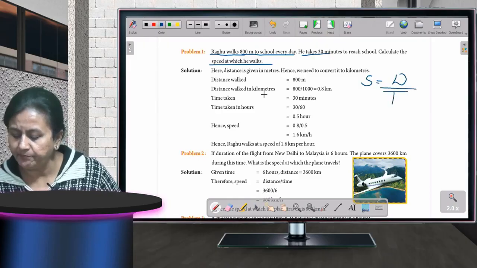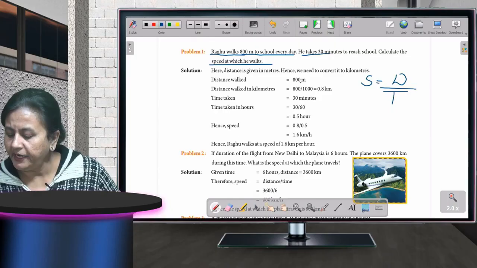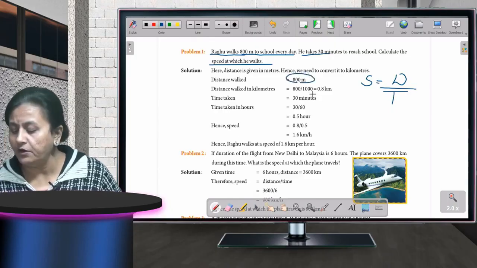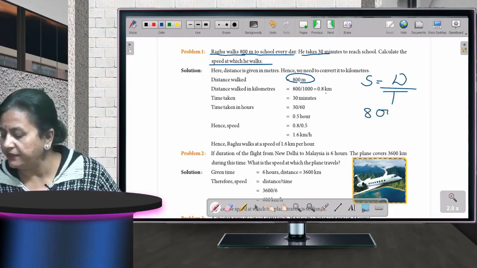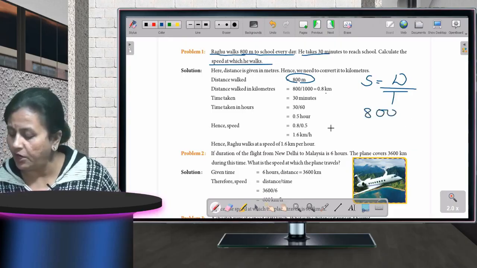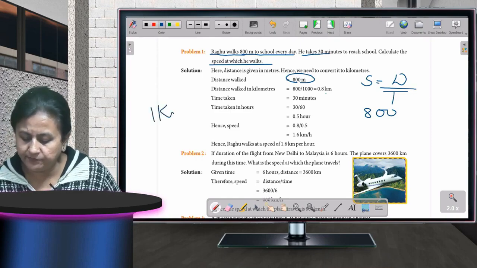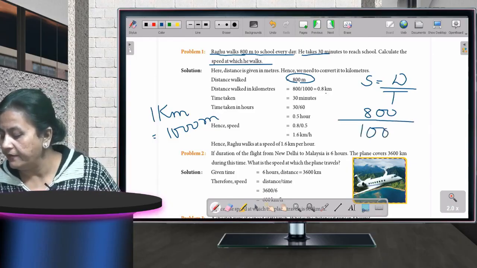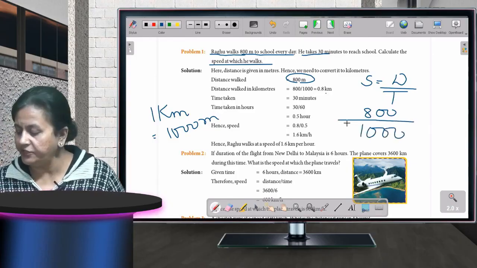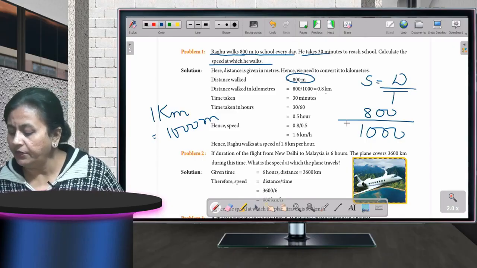Because he has walked 800 meters, you first have to convert it into kilometers. 1 kilometer is equal to 1000 meters, children. So we will divide it by 1000. Okay, fine, children. Now what will we do?